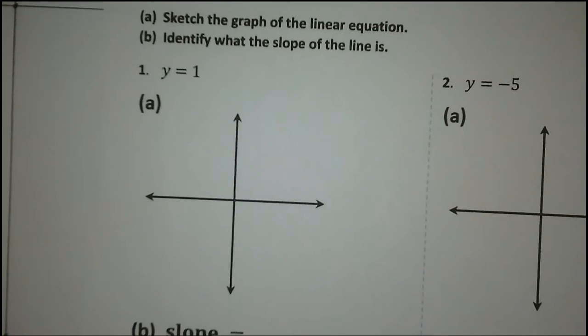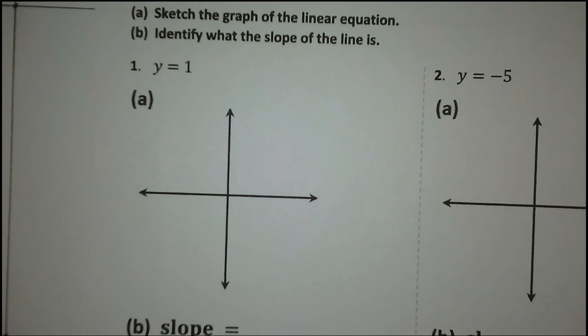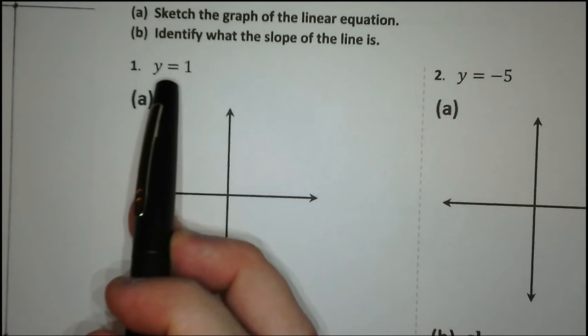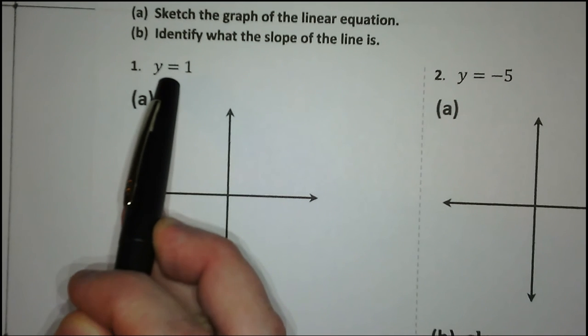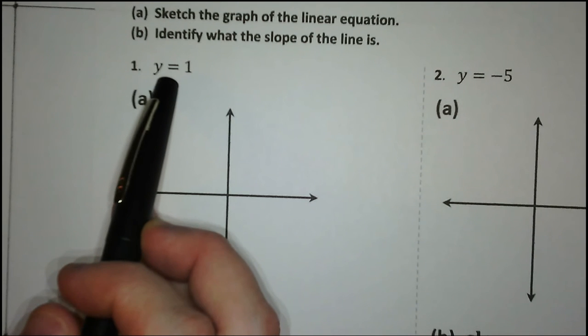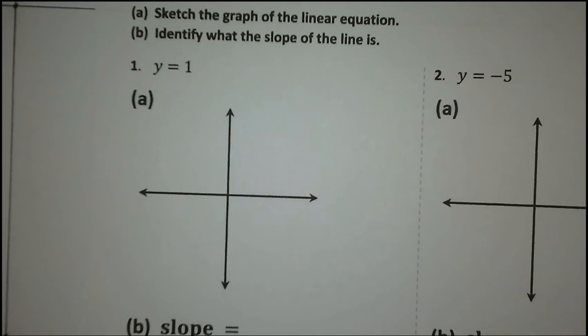Now, hopefully whatever I was trying to get across in the first video for 4.2b got across to you. When I see equations like this, I go, that only has the letter y.